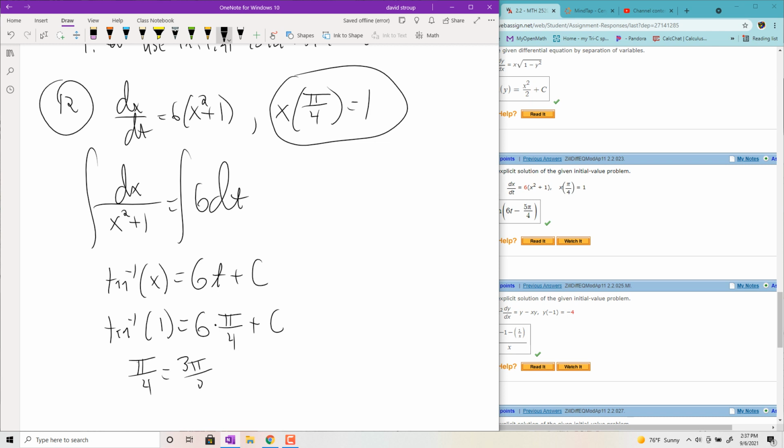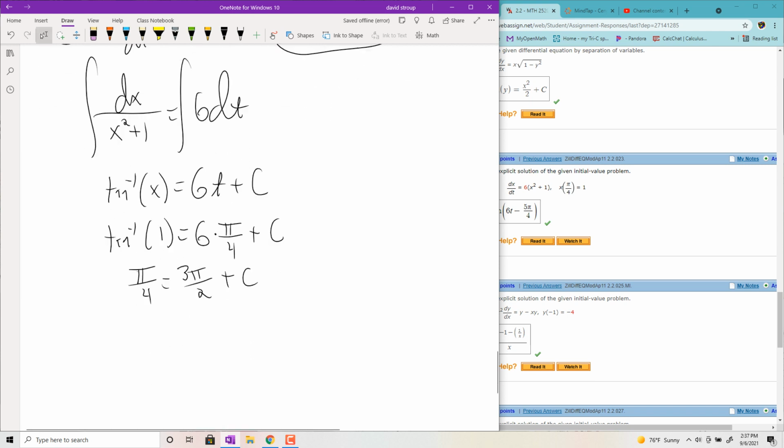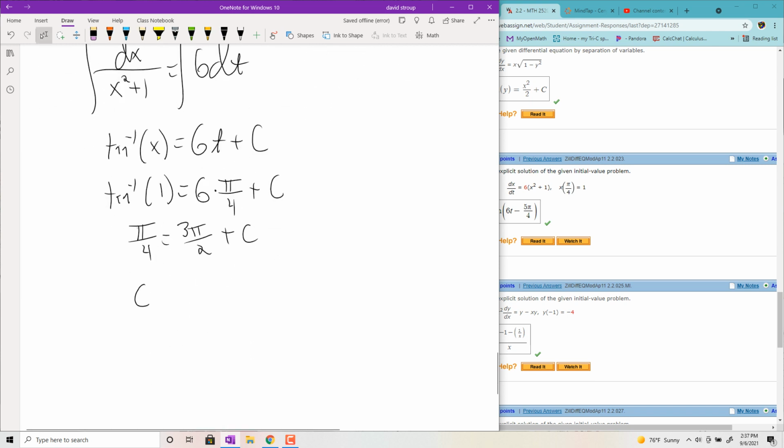So pi over 4 equals 3 pi over 2 plus c. Move the 3 pi over 2 to the other side: pi over 4 minus 6 pi over 4 is negative 5 pi over 4. And then we'll have tan inverse of x equaling 6t minus 5 pi over 4.